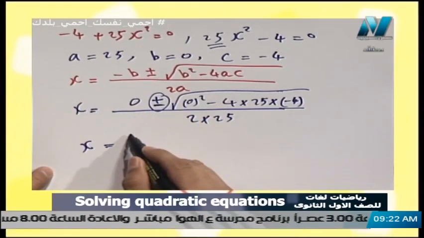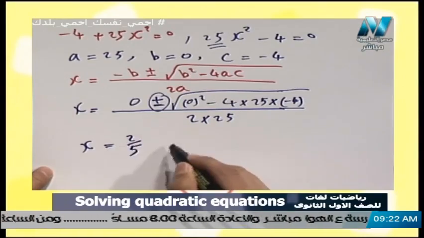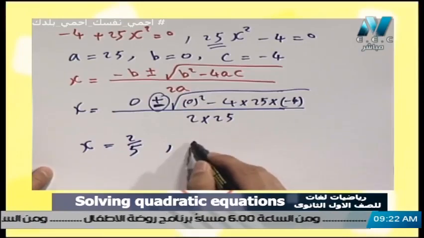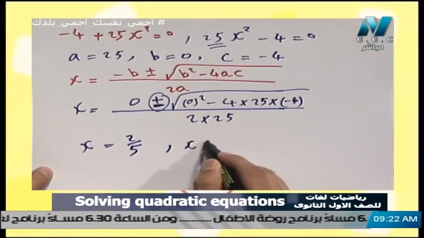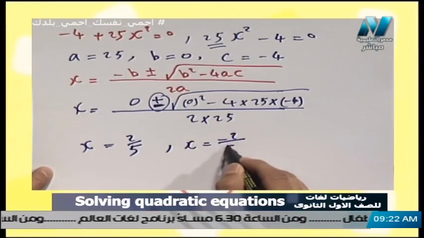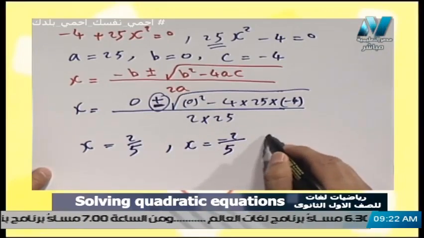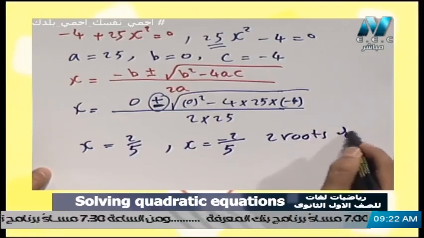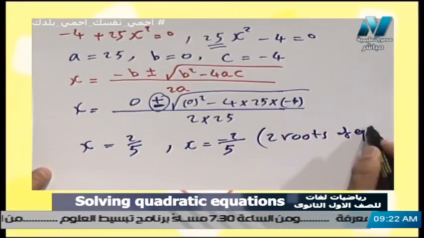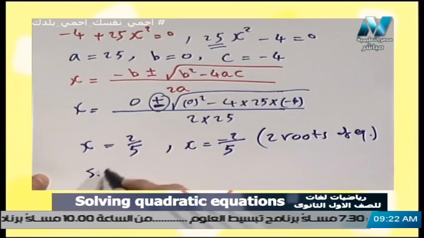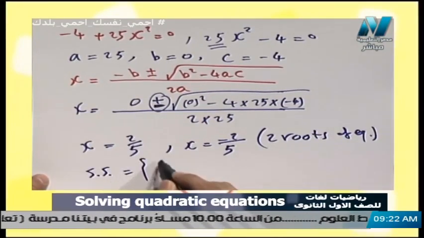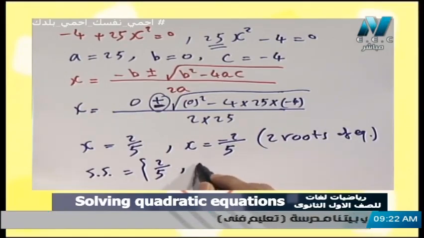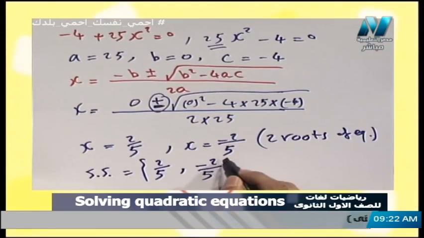The first solution will be 2 over 5, and the second one, when we put minus here, will be negative 2 over 5, and these are the two roots of the equation. And we can write the solution set equals 2 over 5 and negative 2 over 5.